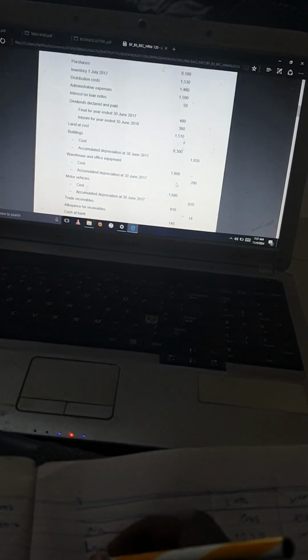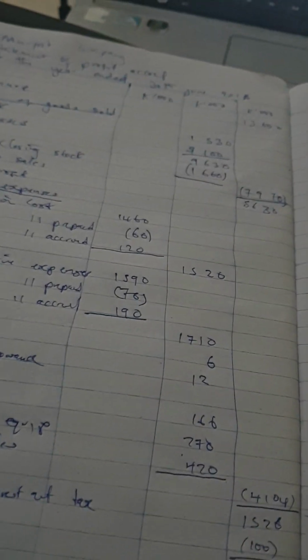Next we have buildings. The buildings figure itself was 8,300. The depreciation that we calculated here, depreciation of buildings, was 166. So 166 plus accumulated depreciation of buildings, which is 1020.